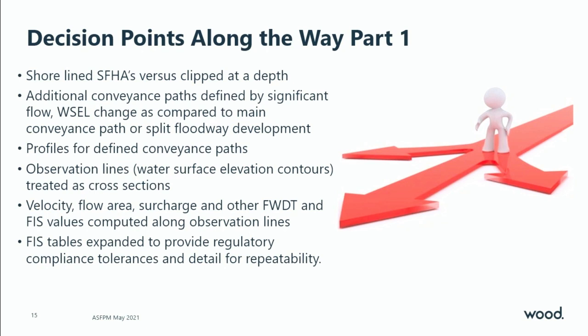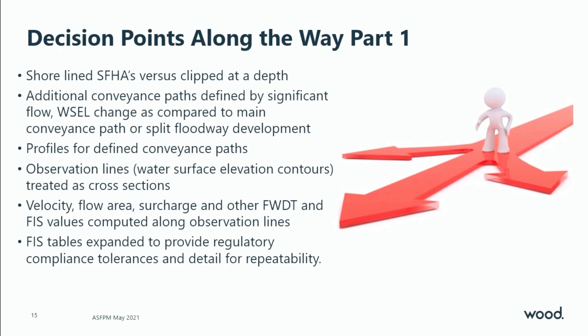We calculate velocities, flow areas, surcharges, and other floodway data table values that go in the FIS along those observation lines. One of the reasons I really would like to be able to do that is it provides us the ability to have mapped and unmapped observation lines, which I think will really roll into the AMP process well.